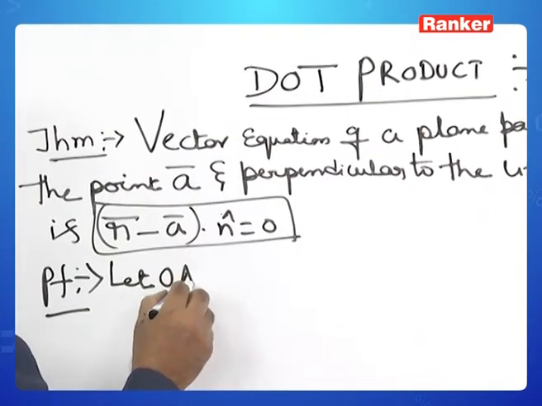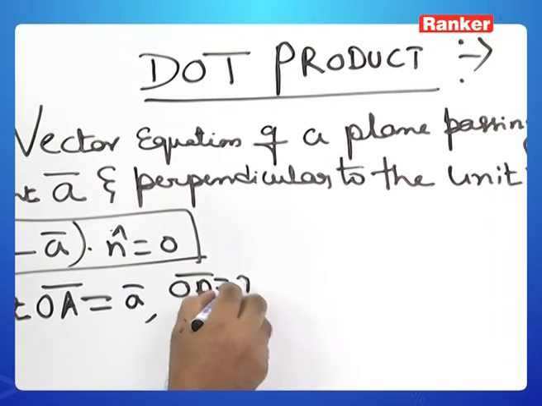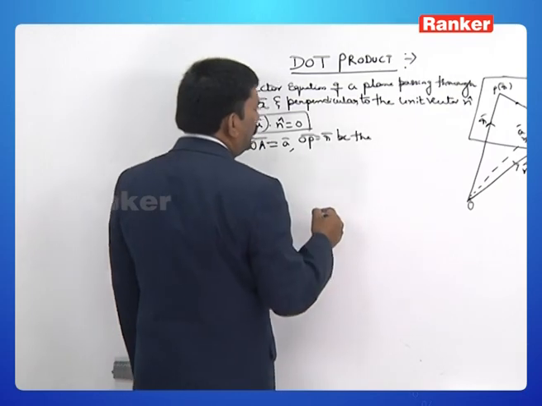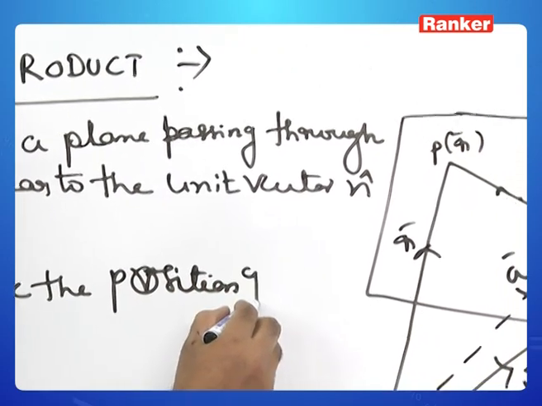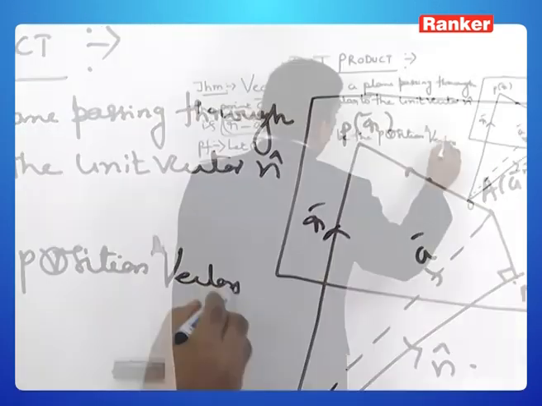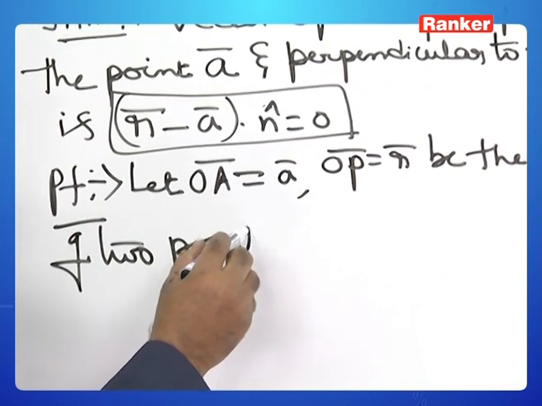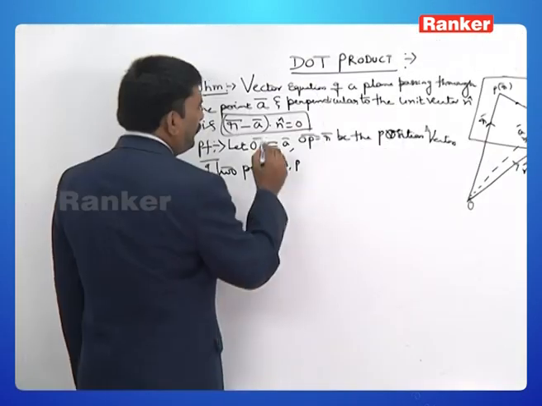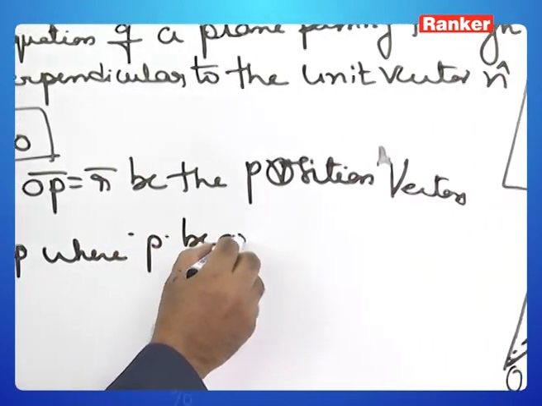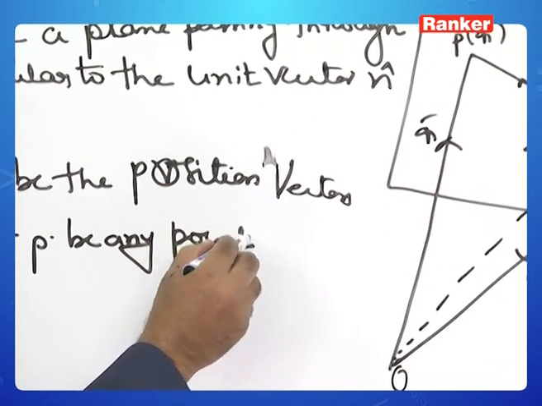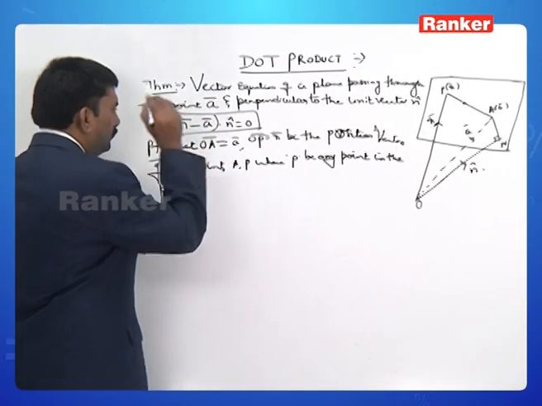Let OA bar is equal to A bar, OP bar is equal to R bar, be the position vectors of 2 points A, P, where P is any point in the plane.